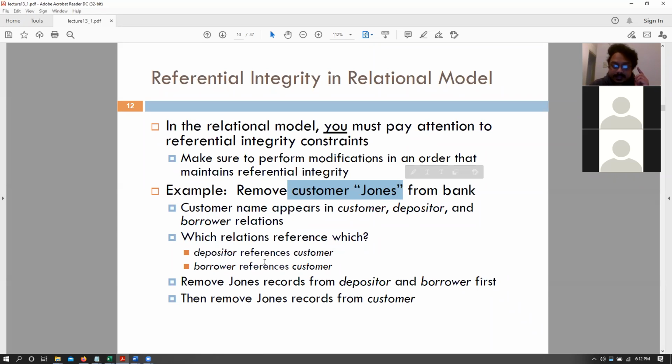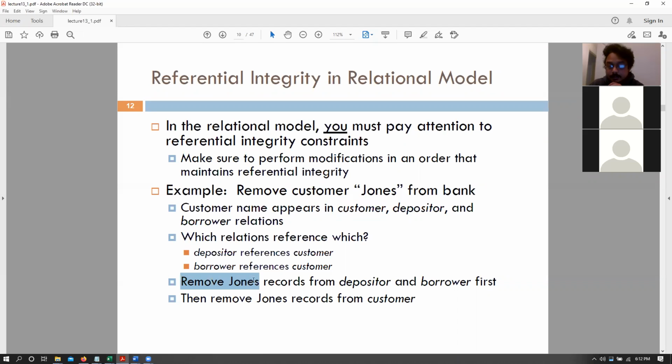can we remove the customer Jones directly from the customer table? Yes or no? Or would we need to remove the customer Jones from depositor and borrower first because they reference customer, and then we are able to remove the customer from the customer table?